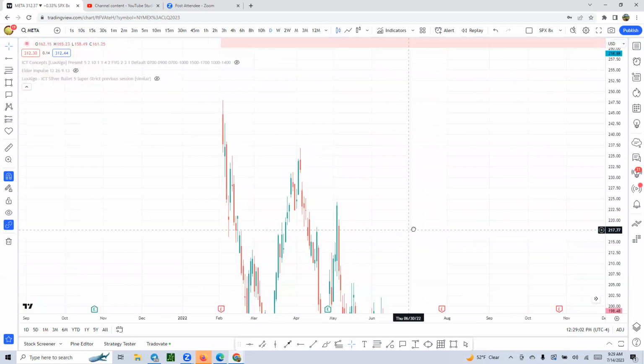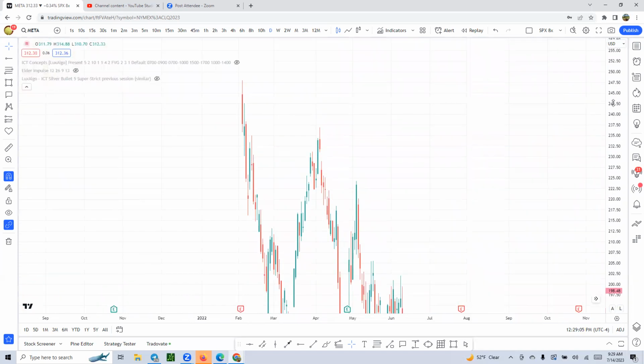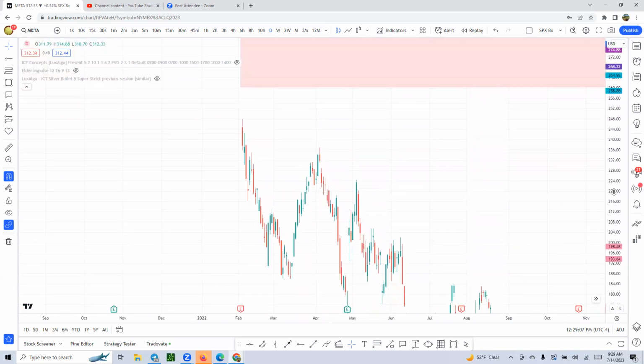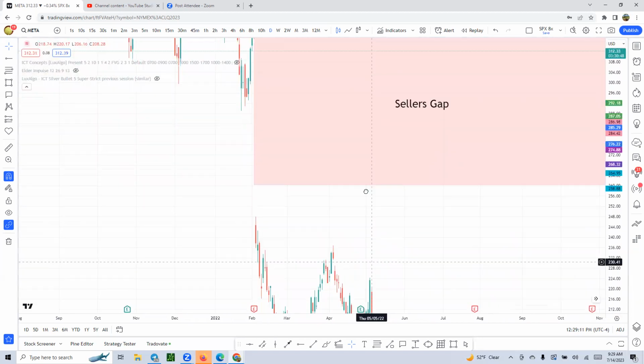Now I haven't looked at this, but let's look at this right here. This is the gap that's filling right now.